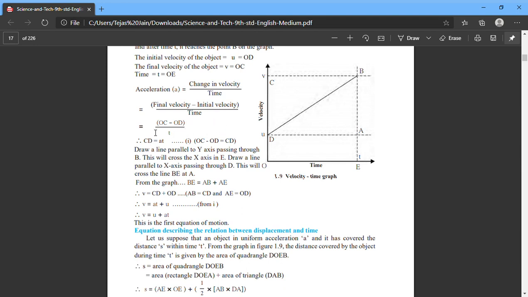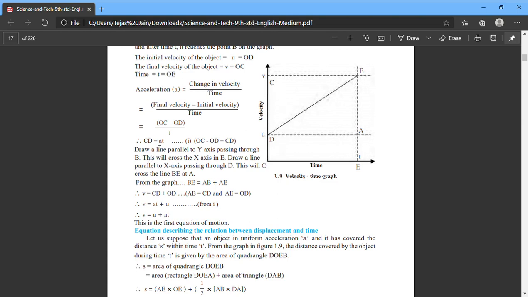Now here, acceleration: OC minus OD is nothing but the segment CD, right? Now see once again, OC, this is the segment, minus segment OD, gives us segment CD.